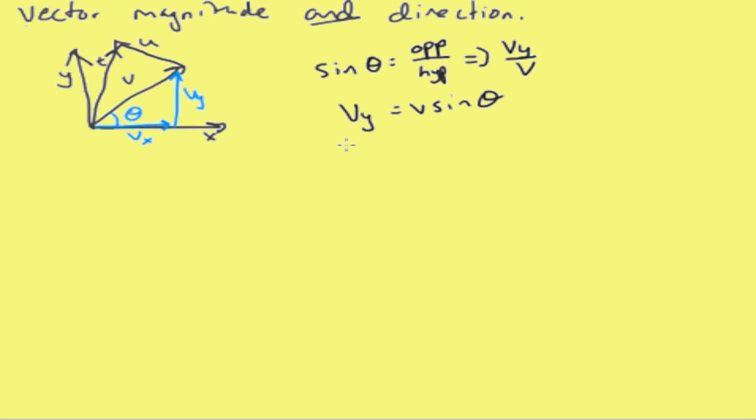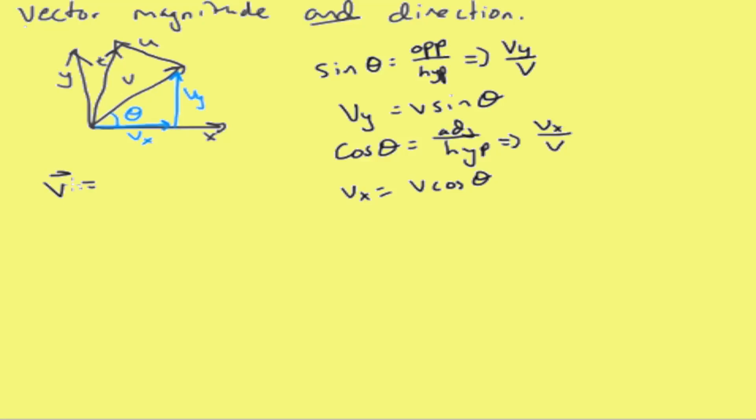Likewise, we can look at vx: cosine theta is equal to adjacent over hypotenuse, and in this case vx is the adjacent, v is the hypotenuse again, so we have vx over v, and our vx equals v cosine theta. So we can write our v vector, and you know it's a vector because it has a little hat over it, as v cosine theta, v sine theta. This is the x and y components.